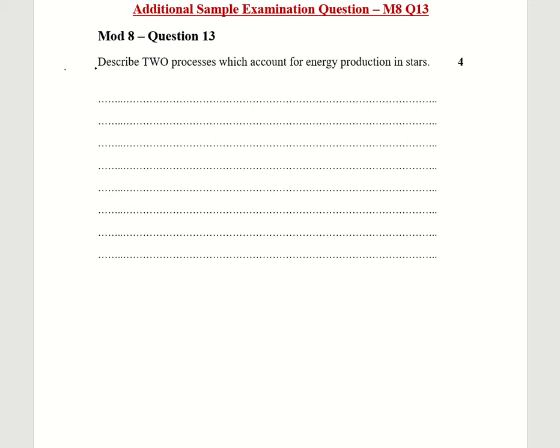So in this question, there's a couple of things to unpack here. We are describing two processes that account for the energy production of stars. When we're trying to break down questions like these, let's work out what exactly they want us to do. Firstly, if it says describe, we are talking about the features. What features are we exactly talking about?